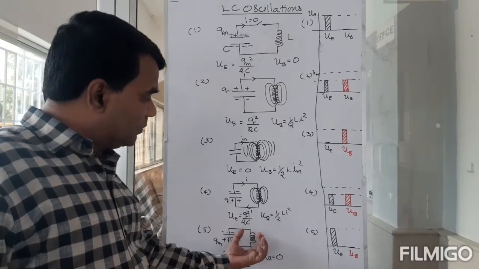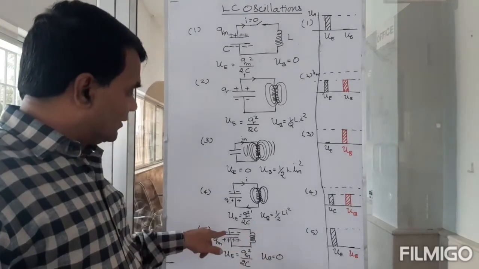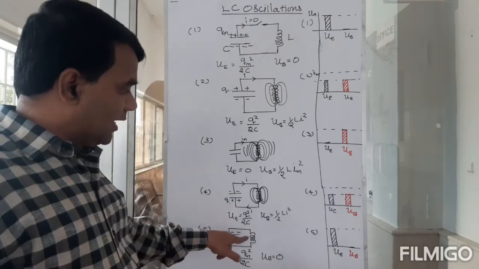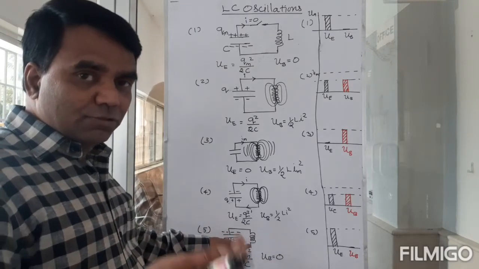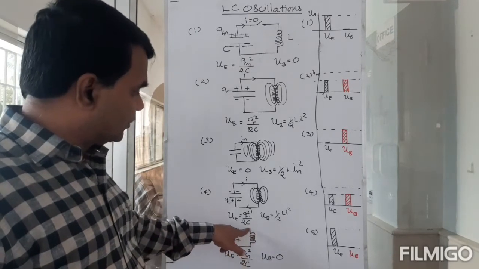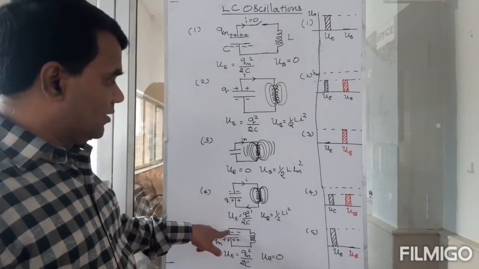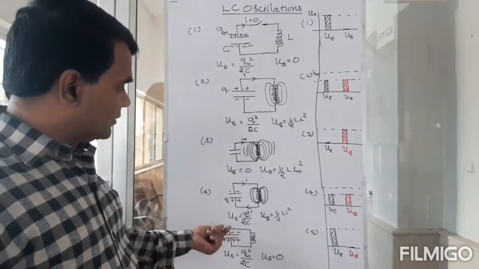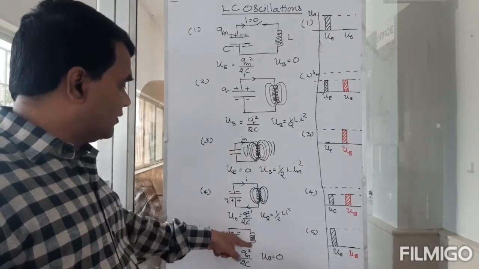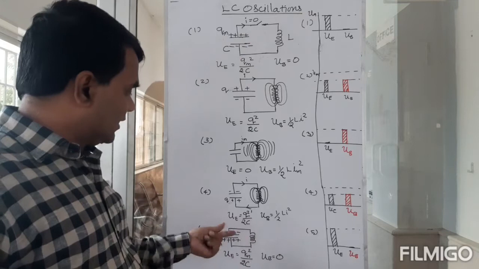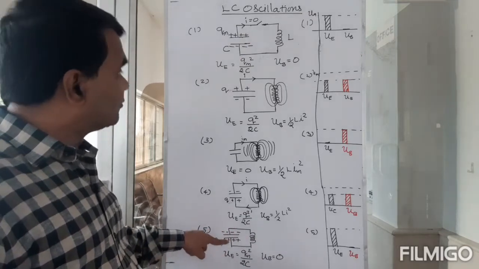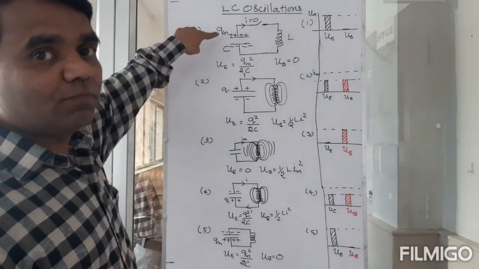The magnetic field will be built up now, and it will become 0, and it won't allow the current to reduce, so it will continue to push the current the same way. So you will continue to charge this capacitor, and finally when you lose all the magnetic field, this will become positive and this will become negative, then you will come back to the original position.